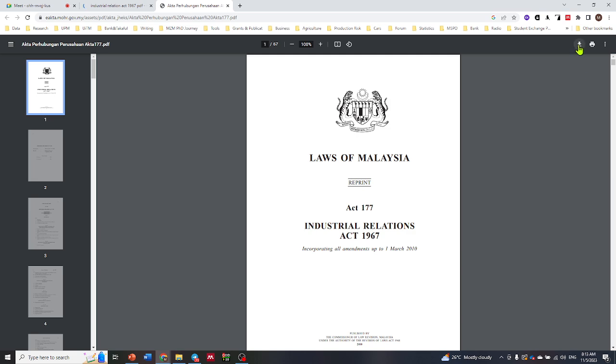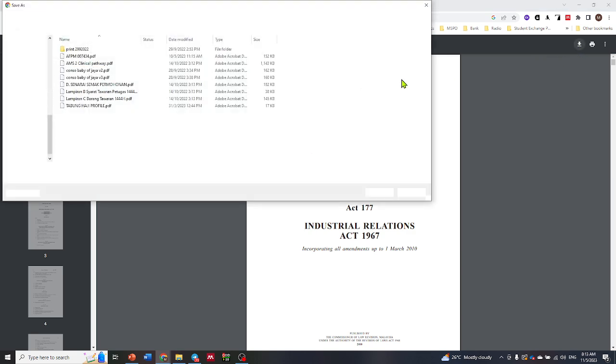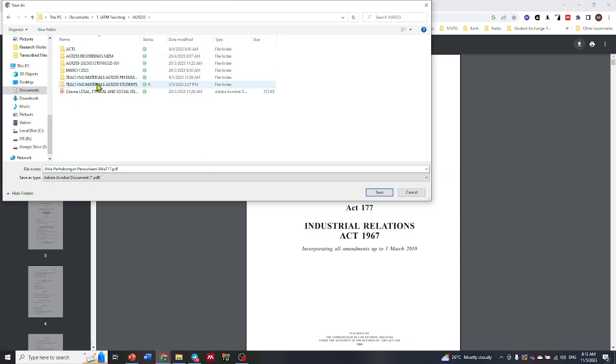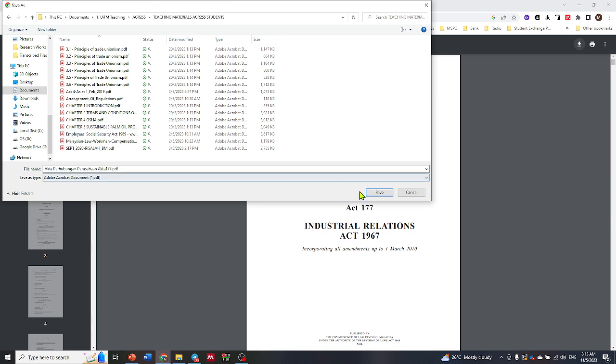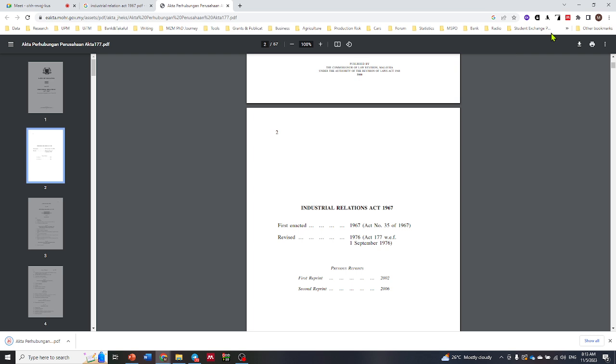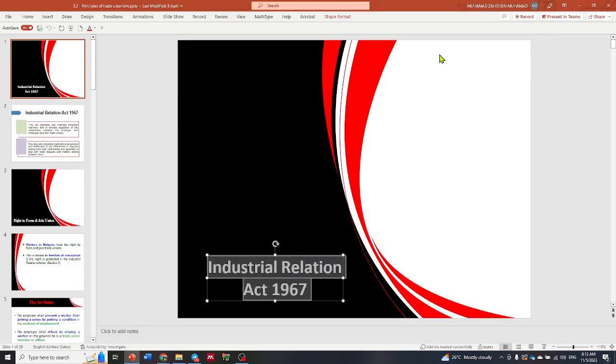Saya download, saya siap buat dalam file folder supaya kalau you nak download, I think I have put this in our groups. Akta Perhubungan Perusahaan. Okay, saya dah letak dalam folder students kan, jadi you boleh download dalam Google Drive yang saya dah share awal-awal tu.